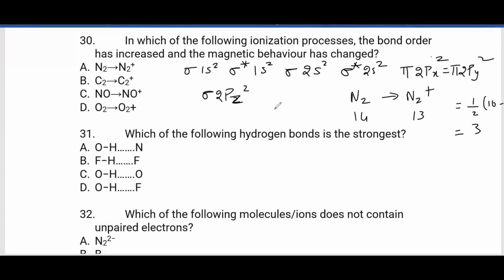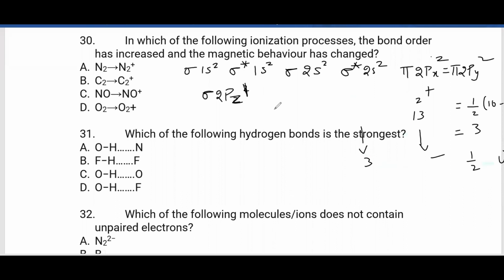So bond order for N2 is 3. And what about N2+? We need to remove one electron from here. This will become 1, and it will be half into 9 minus 4, that is 5, 5 by 2, and it is 2.5. So the bond order is decreasing and it is not increasing. So this is not a correct answer.